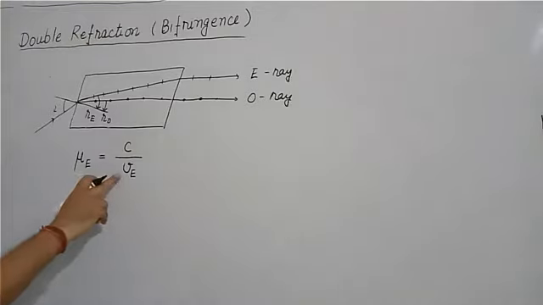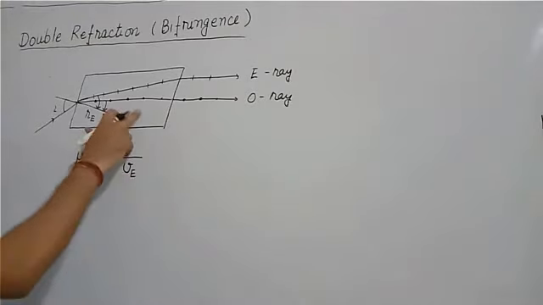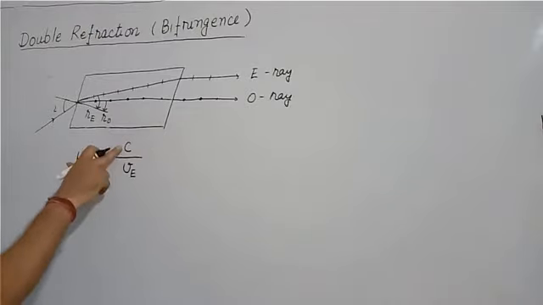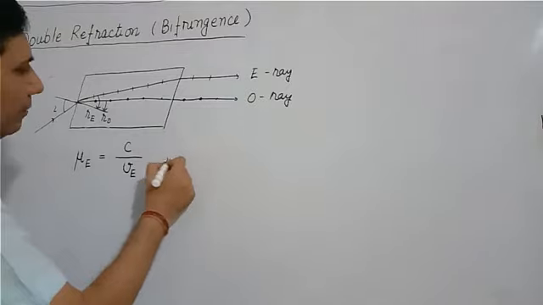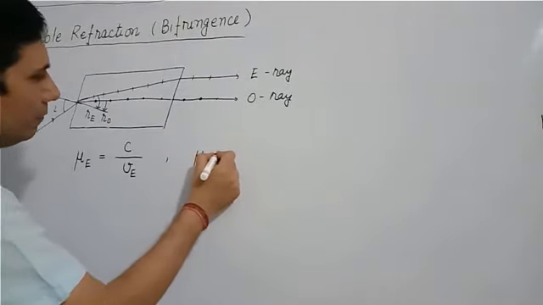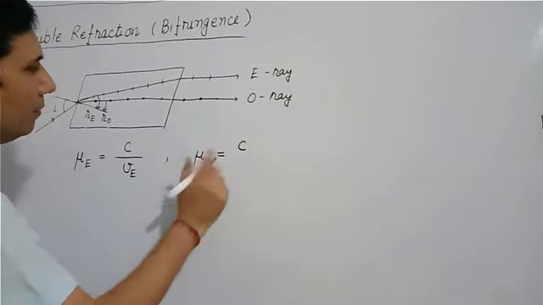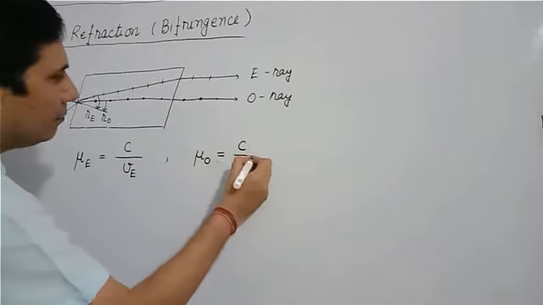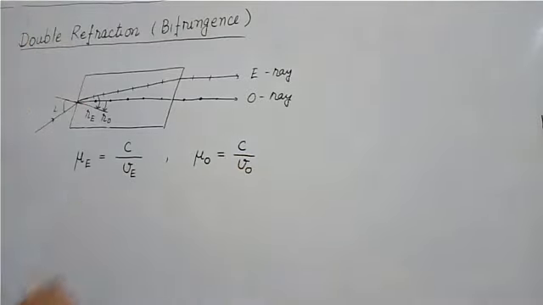So Ve is the speed of E ray in the doubly refracting medium, and this c is the velocity of light in free space. Similarly, the refractive index of this doubly refracting material corresponding to O ray will be c divided by VO. So VO is the speed of ordinary light in doubly refracting crystals.